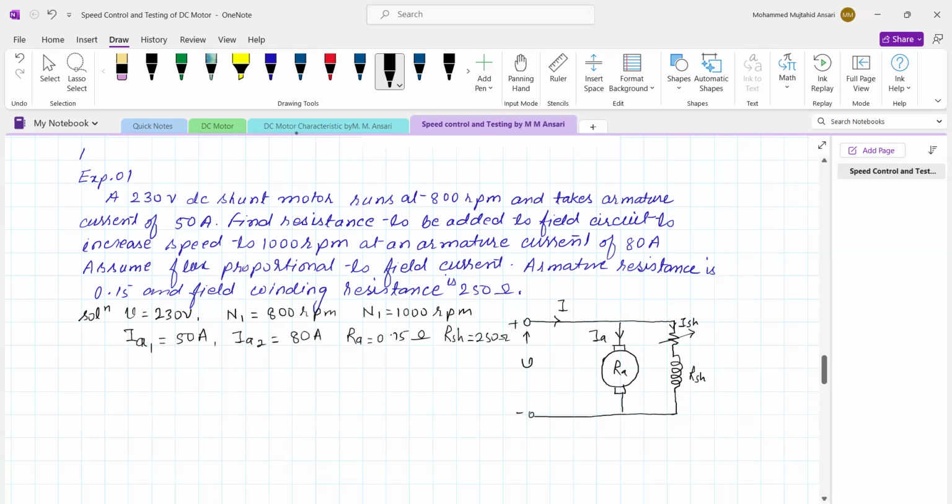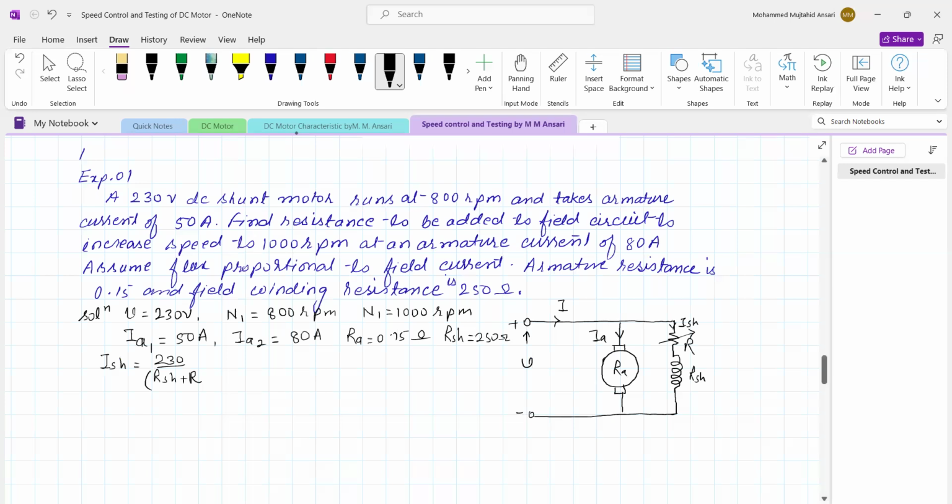Okay, so we can calculate very quickly the shunt field current. ISH is equal to 230 divided by RSH plus R, where some external resistance R is connected in the second case.